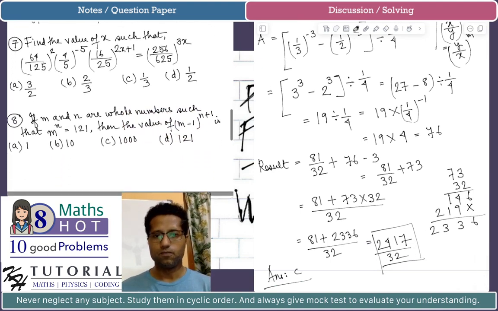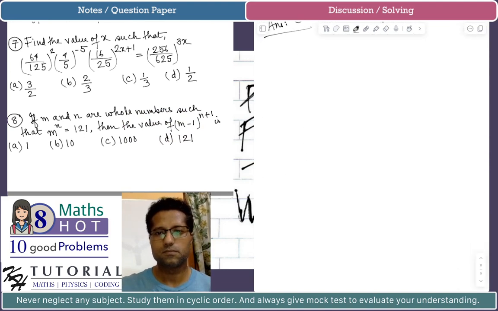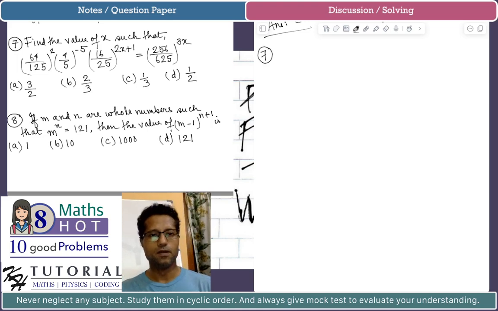Okay, let's do problem number 7. We have to find the value of x. We are given an equation. We can see the right hand side is an exponential term with the power 3x. So the unknown term x is in the power on both the right hand side and the left hand side.